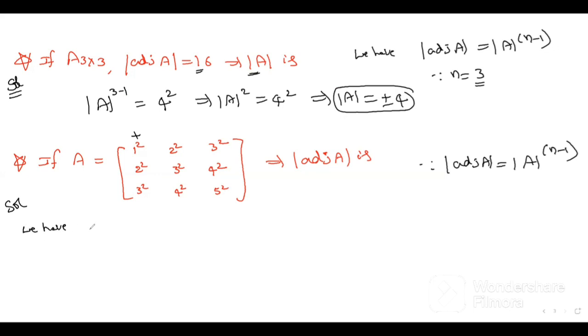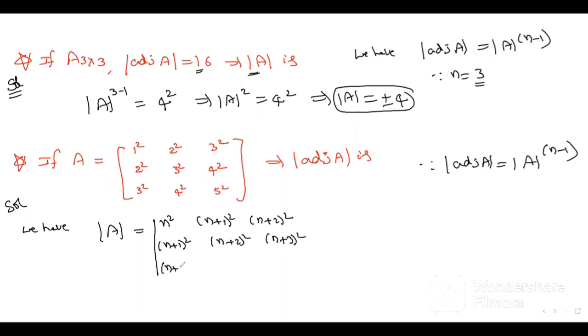Det of A is equal to the determinant of n square, n plus 1 whole square, n plus 2 whole square; n plus 1 whole square, n plus 2 whole square, n plus 3 whole square; n plus 2 whole square, n plus 3 whole square, n plus 4 whole square, which is equal to minus 8 for all n belonging to natural numbers.